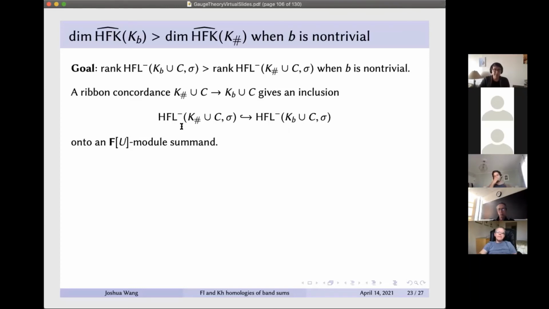So in particular, every infinite U tower in the invariant for K sharp union C gets mapped onto an infinite U tower of the invariant for K_B union C.